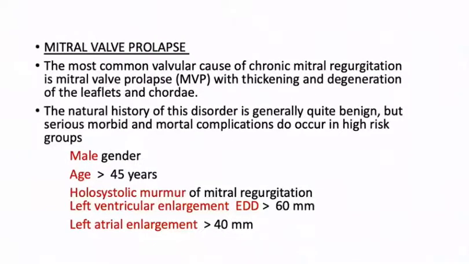Coming to the other common entity, mitral valve prolapse. Here there is replacement of valve spongiosa with valve fibrosa, leading to thickening and degeneration of the valve leaflets, and there is chordal elongation also.